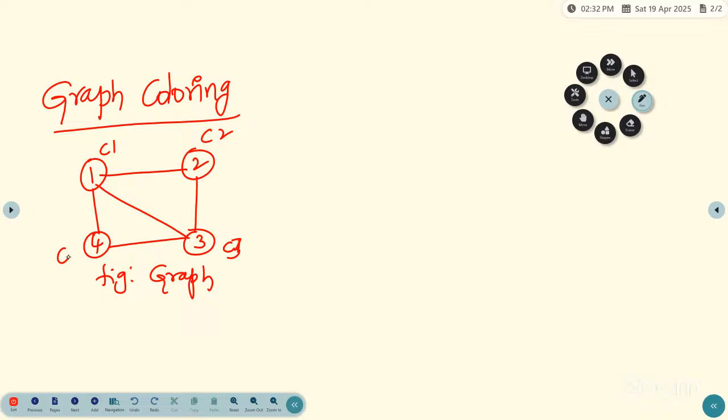Adjust within the existing ones; if not possible, go with a new color. And the number of colors required to color the graph is called, what is this? What is the chromatic number?